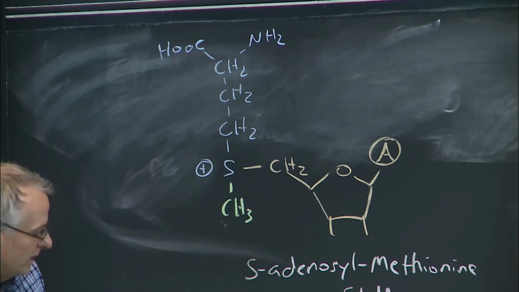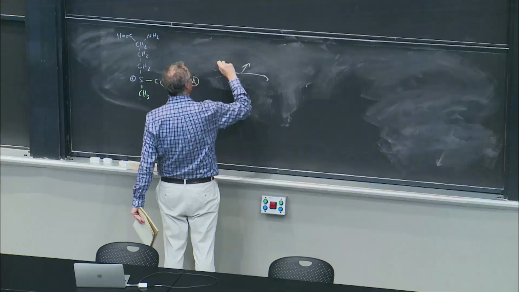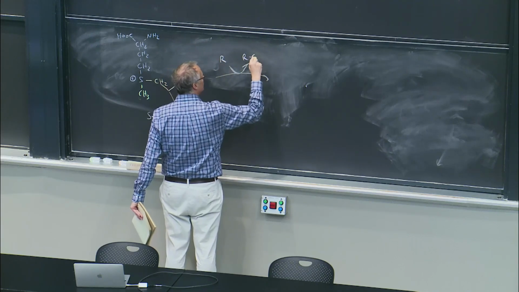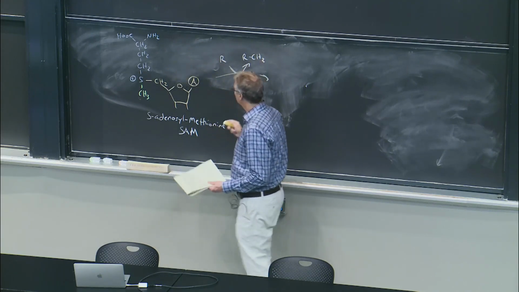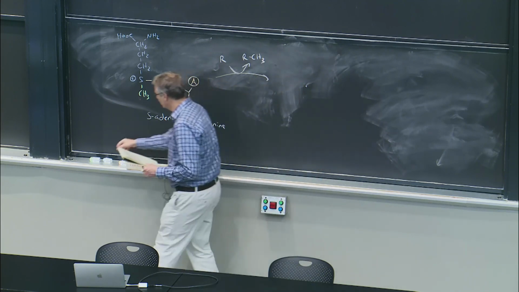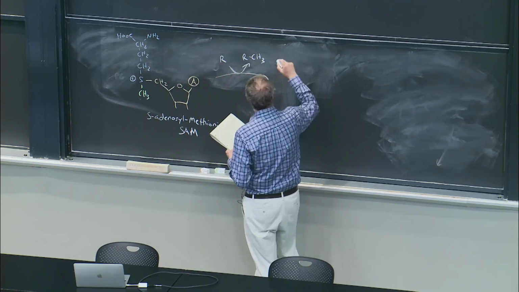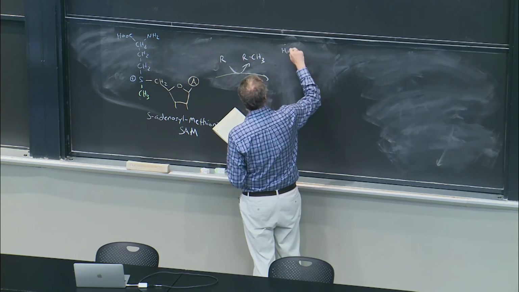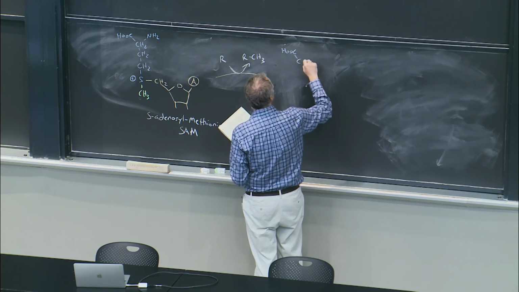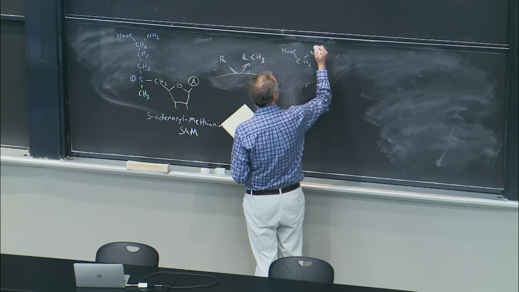This methyl group on SAM is very labile, and so it is the universal methyl donor to be used in methylation reactions, choline synthesis, epigenetic methylation of DNA or histones, whatever. And if you transfer that methyl group off, you're left with this non-proteinogenic amino acid.